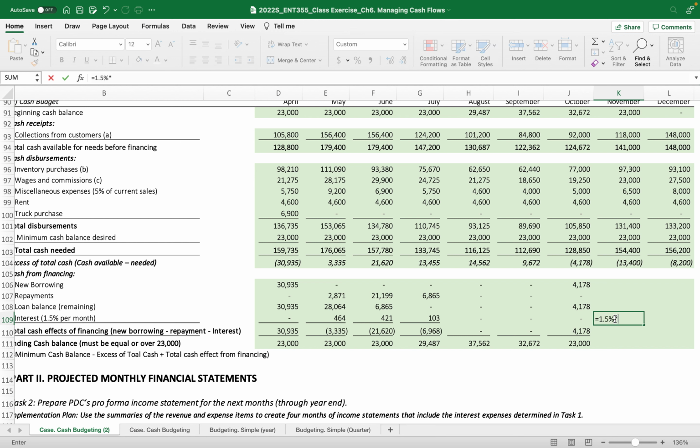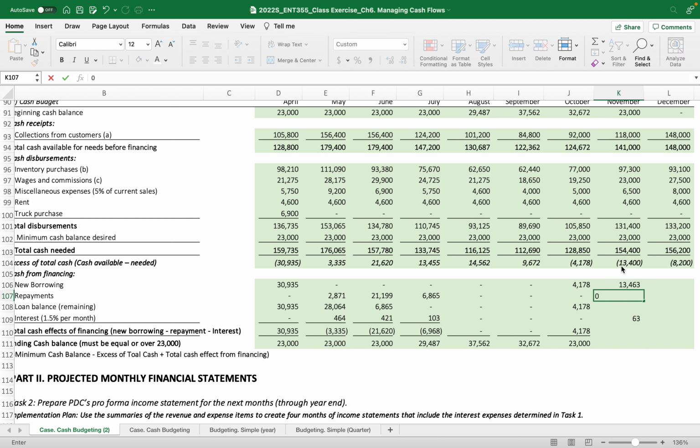The 1.5% monthly interest rate times the loan balance. So the total amount we need to borrow additionally is the sum of these two, to cover the new borrowing and the interest expense from the prior month's borrowing. So that is the total amount we borrow, right? We borrow additionally, and we still lack cash.